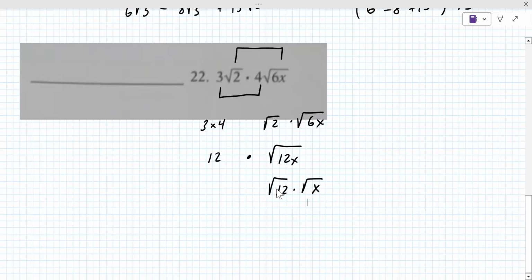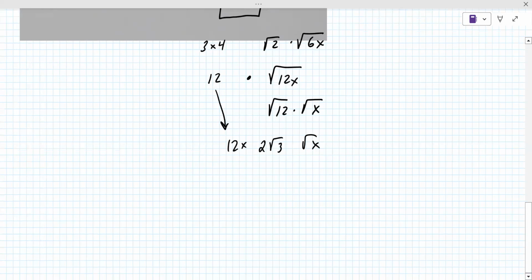If you need to, you can even look up at your notes from that. 12, 6, 2 and 3, 2, and then outside, and then inside like this. That would be 2 square root of 3. So 2 square root of 3. There's a square root of x, and then this 12 comes down. So again, if it's outside the root, 12 times 2, 24. If it's inside the root, you just multiply, and that's your final answer.